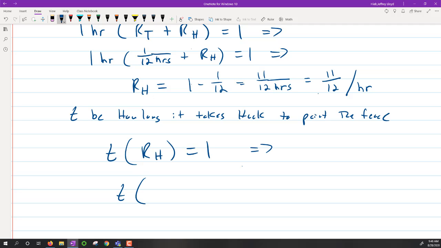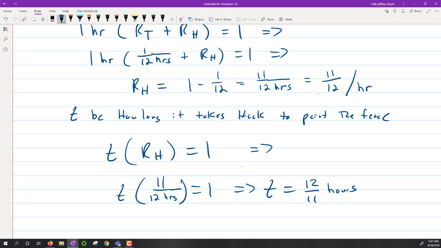Therefore, it's T times 11/12 is equal to 1. So T is equal to, you're going to invert, 12 over 11 hours. So 12 over 11 hours is the answer.